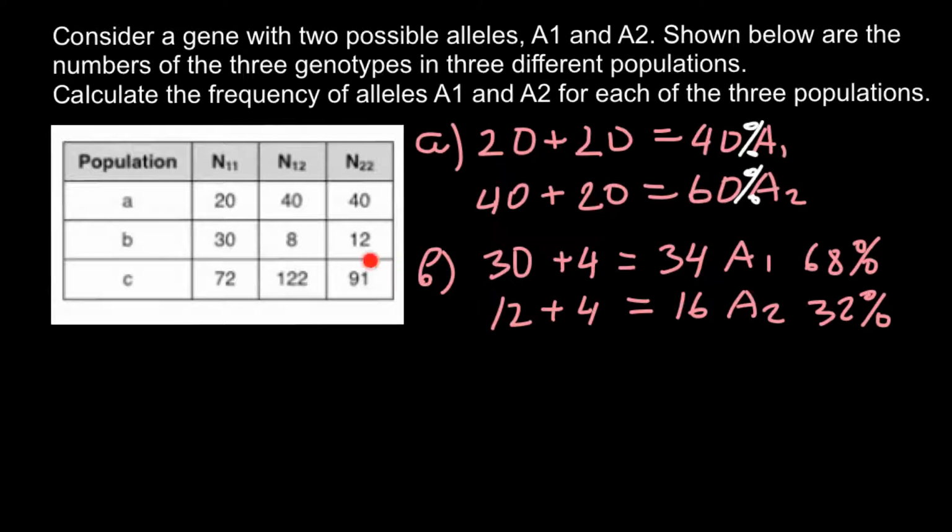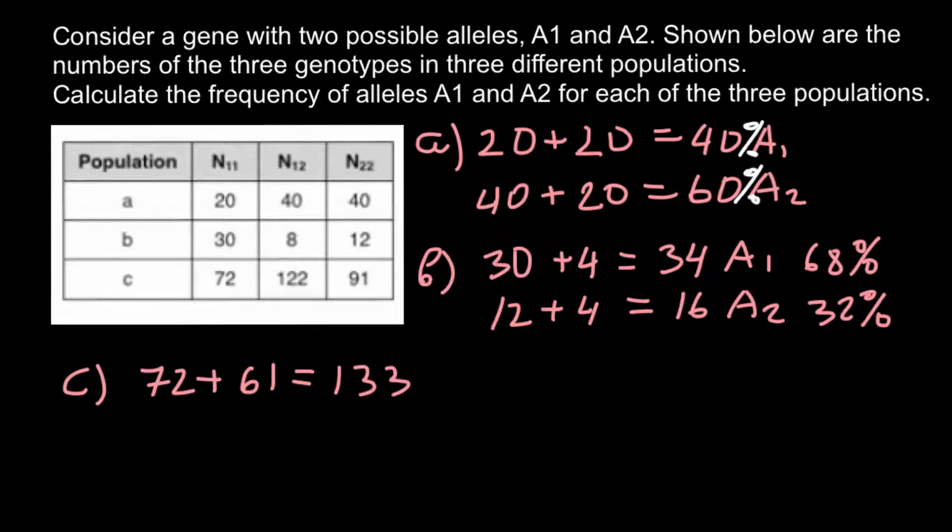And now let's consider the last population, population C. We have 72 A2A2 individuals plus half of the A1A2 number, so 72 plus 61, and the total number of A1 alleles would be 133.